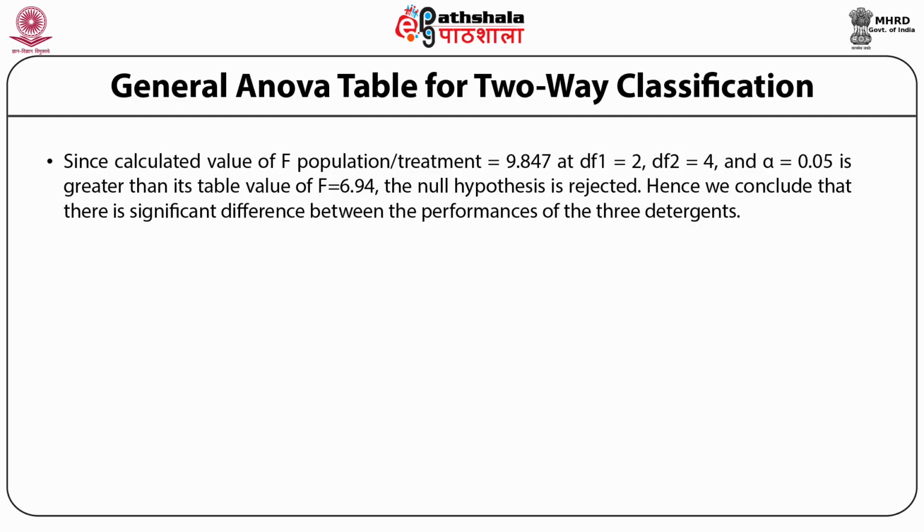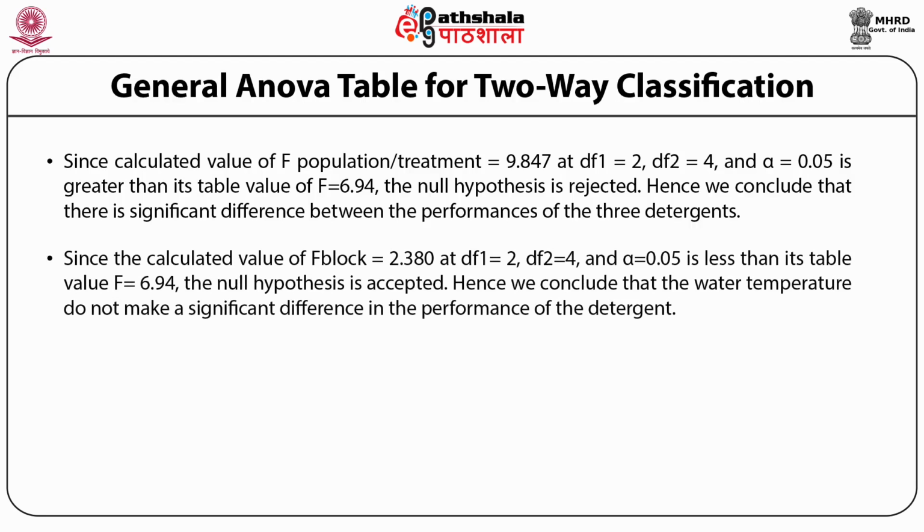Let's calculate for the different waters or different temperatures. Here, the calculated value of F block is equal to 2.380, and with the degrees of freedom dF1 is equal to 2 and dF2 is equal to 4 at 5% level of significance, the F calculated is 2.380, and F table, from the F distribution table, it can be depicted as 6.94.